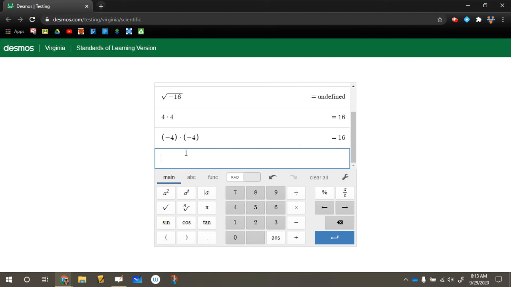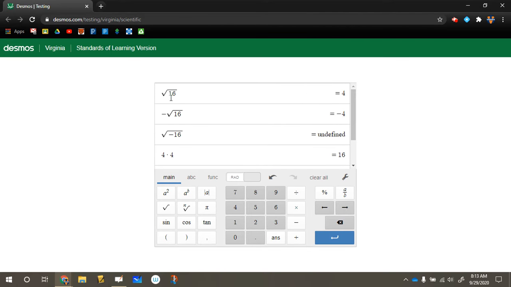And once again, with square roots, we want that same number multiplied times itself to give us what we're taking the square root of. So if you scroll back up, 4 times 4 is positive 16. Negative 4 times negative 4 is positive 16. But there's no number that we can multiply times itself to give us negative 16.